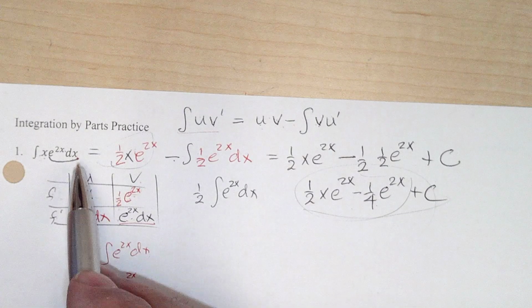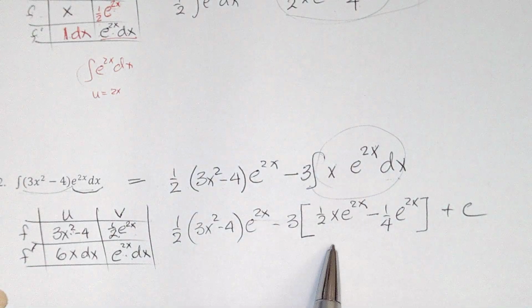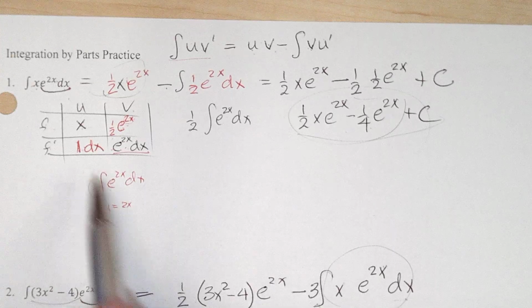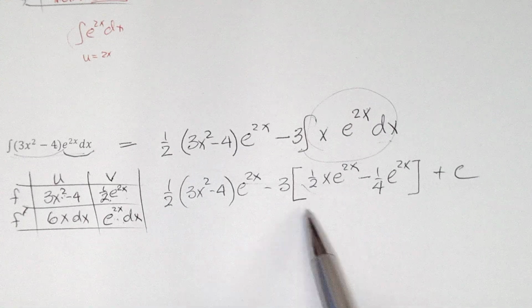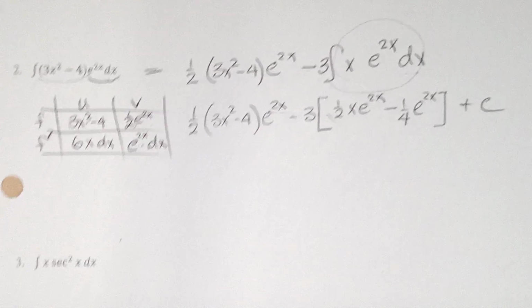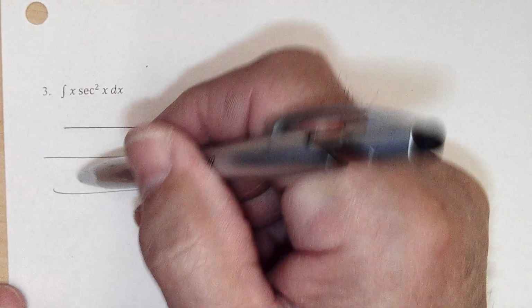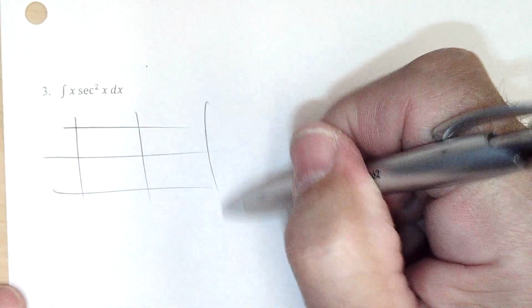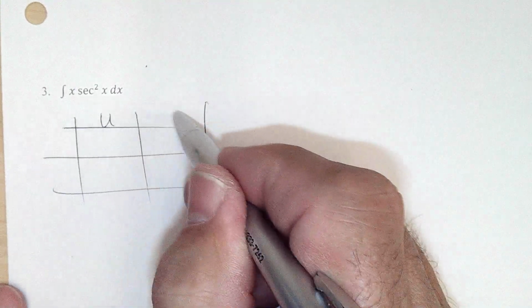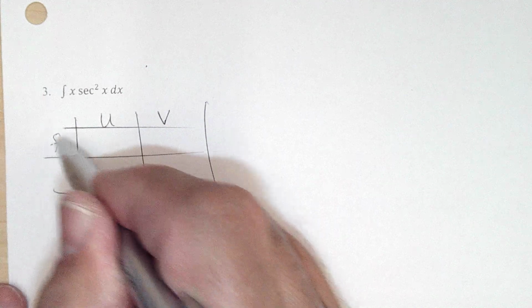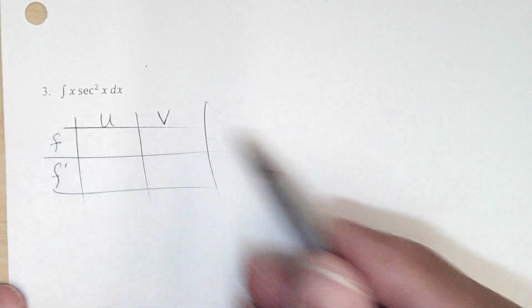So I used my answer from this one to do part of this one. I could have just redone this integration by parts on that piece. Okay, x secant squared x. So u, v, function and its derivative.